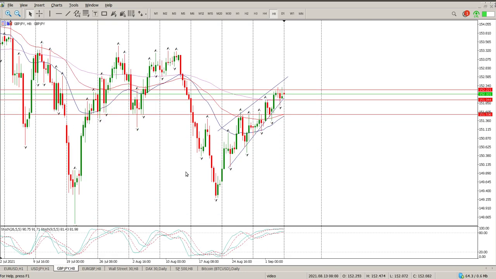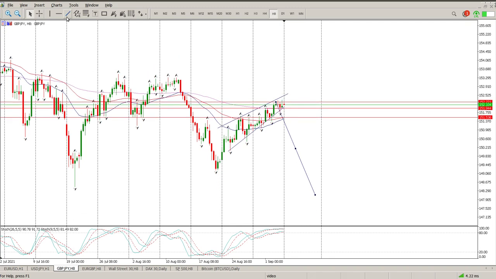British pound, Japanese yen, this wedge is still very much in play, and with these rejections happening right now at 152,221 with the oscillators grouped to the upside, I would say something like that is about to happen.